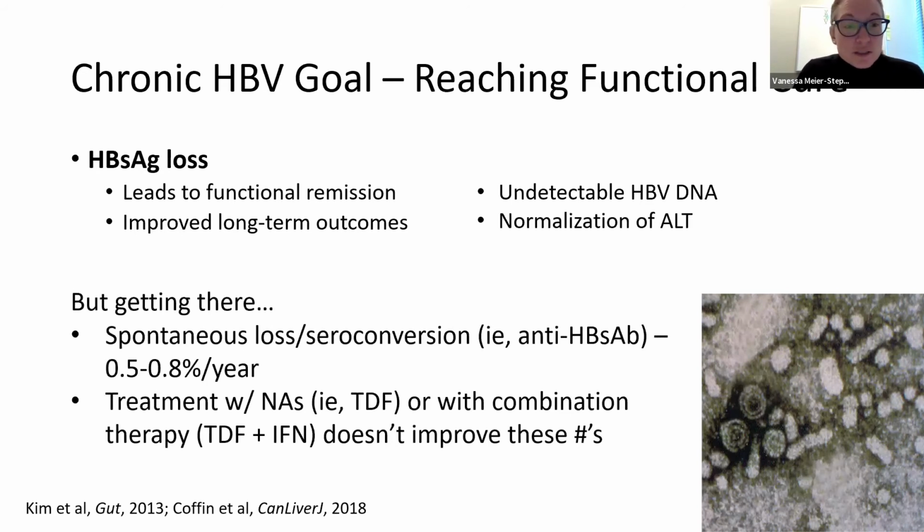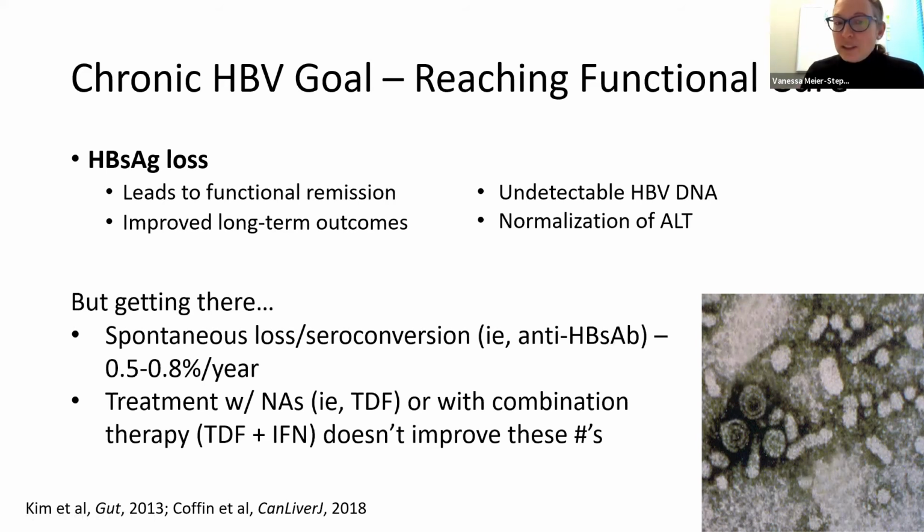However, some patients can do this spontaneously: spontaneous loss of hepatitis B surface antigen, or seroconversion, in which you develop the antibody to that, as you would from a vaccine. This occurs at a rate of 0.5 to 0.8% a year. Overall, we say about 5 to 7% of patients will spontaneously seroconvert and clear the protein from their bloodstream.